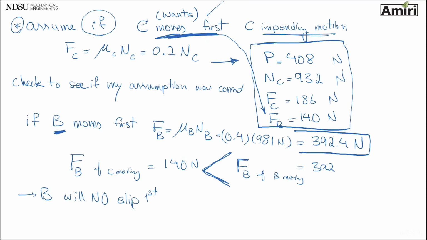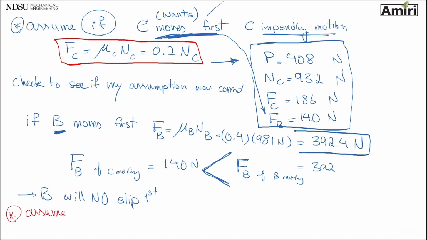Here's another way that you can check. I assumed that if C moves first, I use this equation. You can take another assumption, saying, hey, I assume B moves first, and use this equation that I had. Use FB and do not compare it.